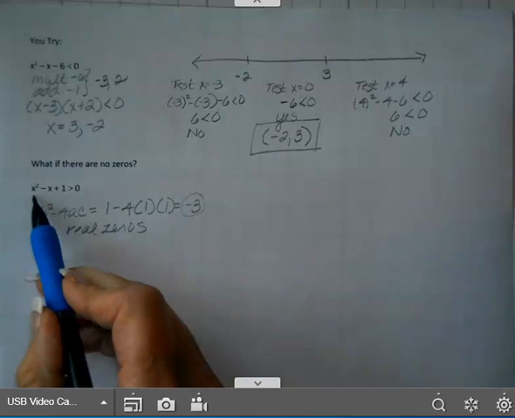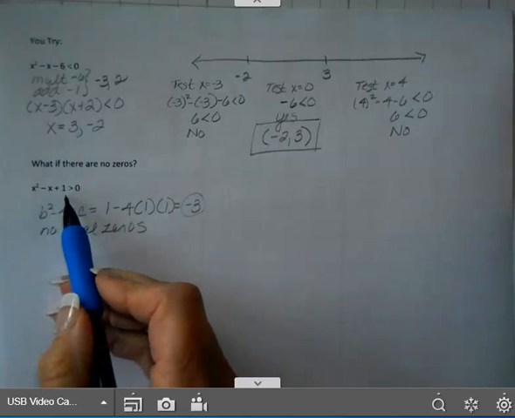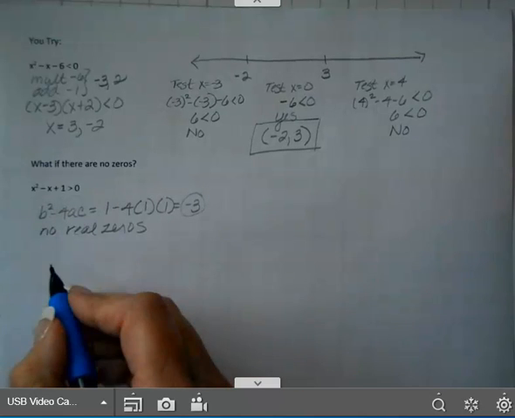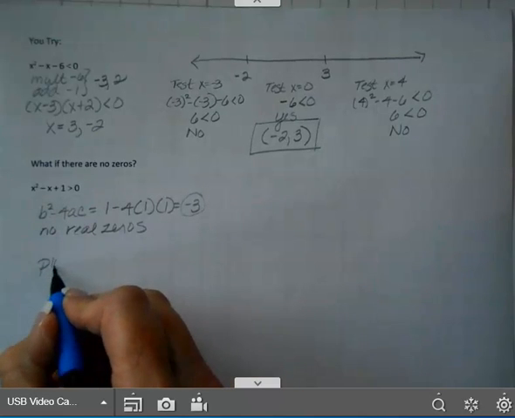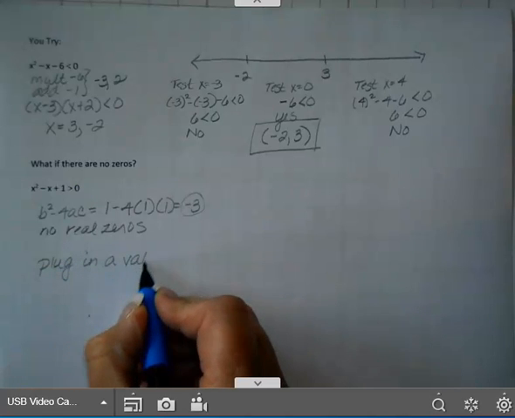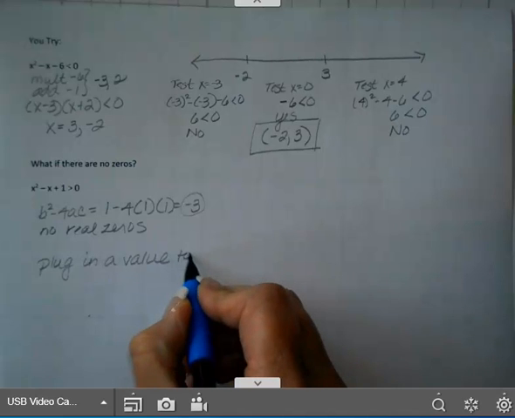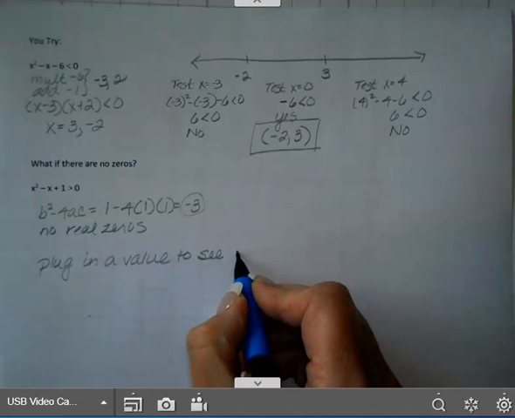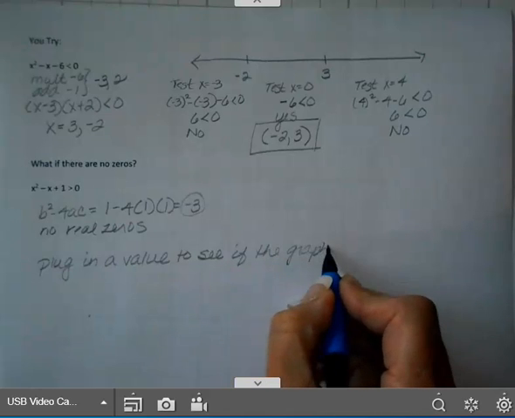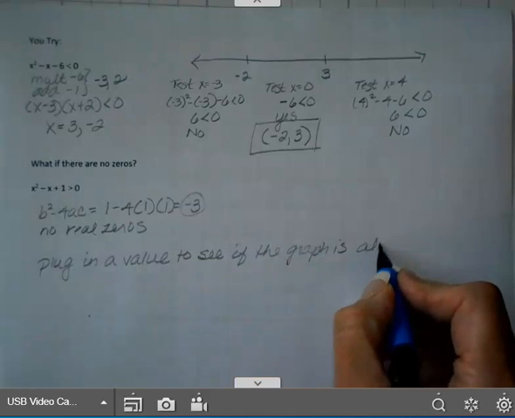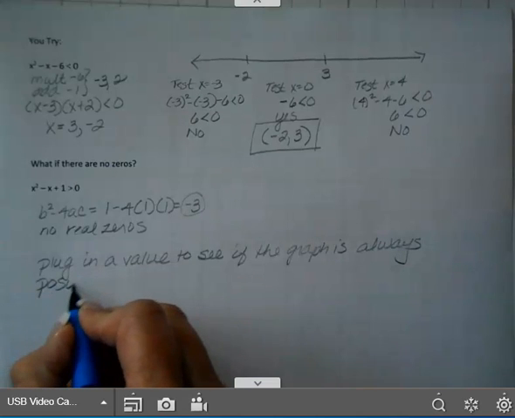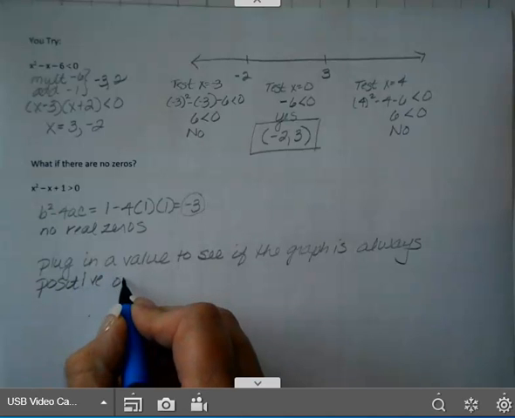So this graph then is going to either always be positive or always be negative. So let's just pick a value. So I'm going to plug in a value to see if the graph is always positive or always negative.